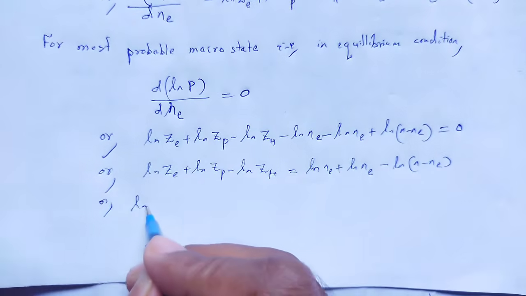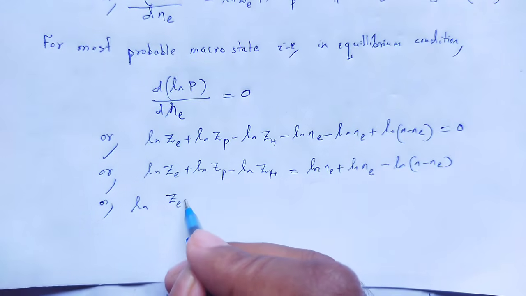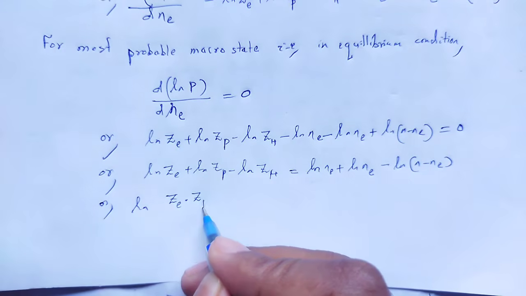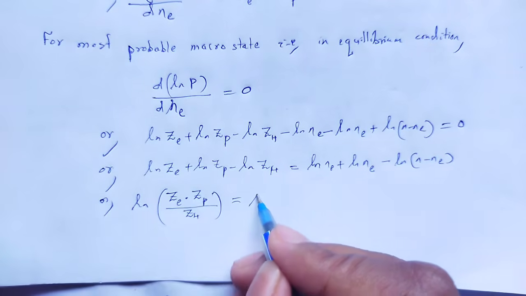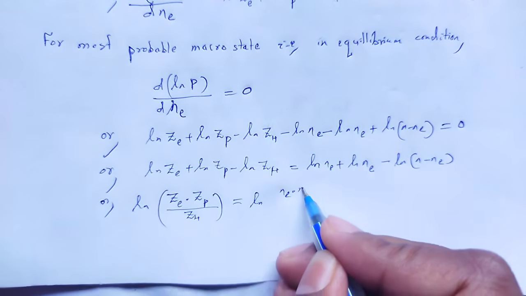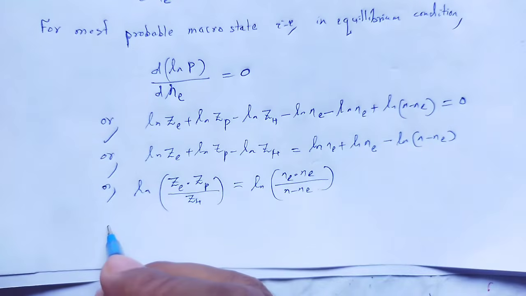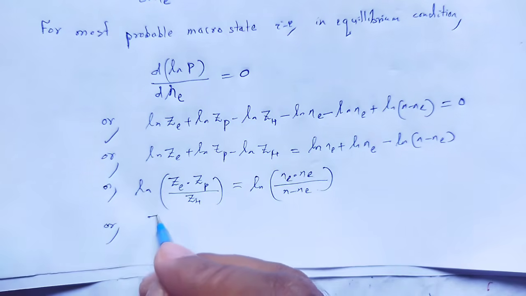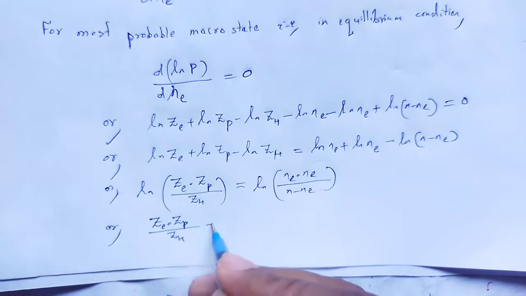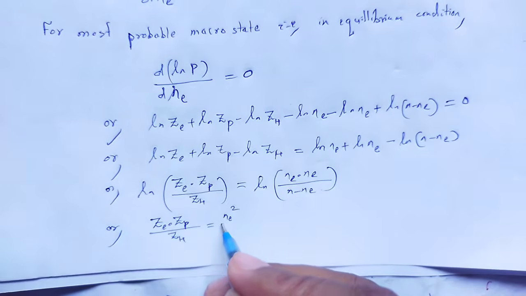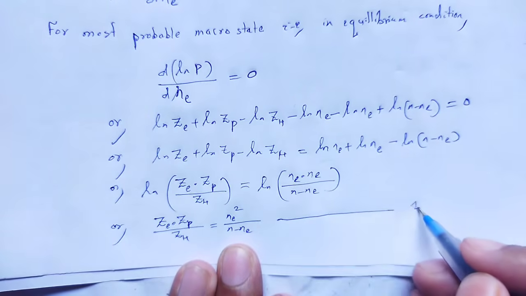Therefore, ln A plus B minus C, that is ZE into ZP divided by ZH is equal to ln NE into NE divided by n minus NE. On both sides log are cancelled out, so ZE into ZP divided by ZH is equal to NE square divided by n minus NE, taking as equation number 1.